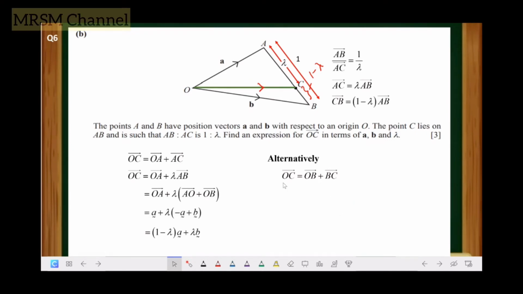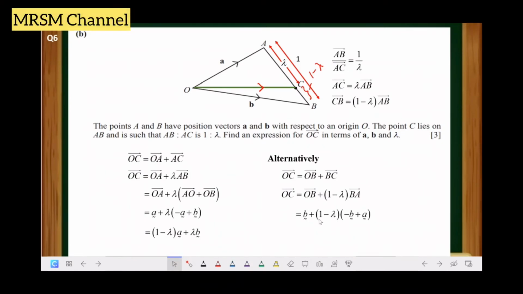So OC is equal to OB plus BC. OB, no problem. BC we change to 1 minus lambda, because the direction is B to C, so we say it is 1 minus lambda BA. The direction is B to A, it is the reverse direction.